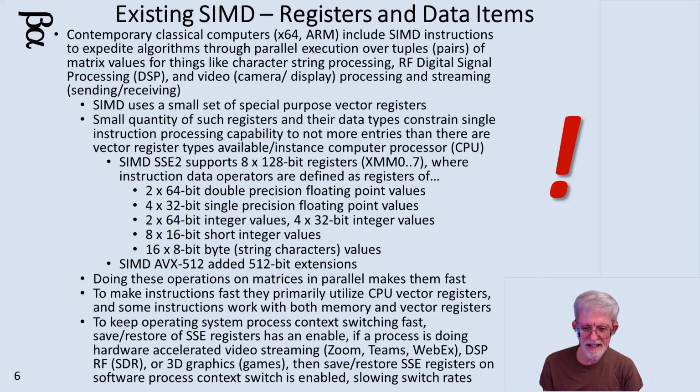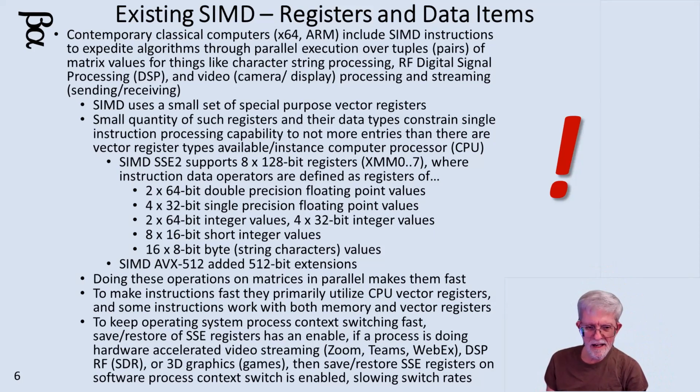And in the case of video, I went into Zoom and selected hardware accelerated video because I want to be able to do artificial green screen kinds of things. And that's what they're doing. Each line of video gets run through these very fast parallel executing instructions to make the video background work.